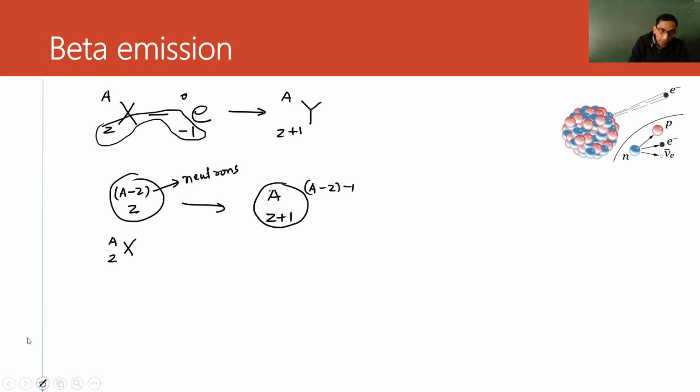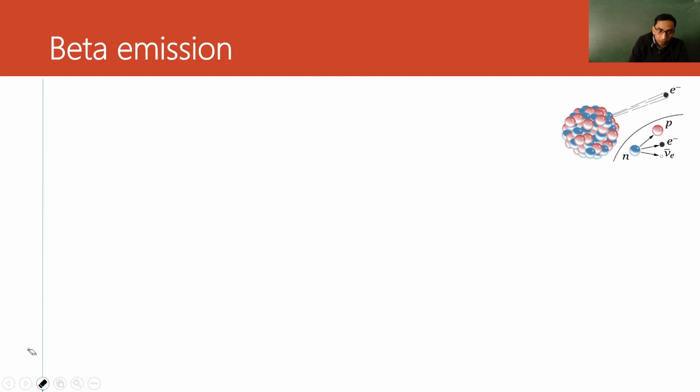Suppose I want to give you the example of uranium, with atomic number 92 and mass number 235. If it releases a beta particle, then I should write this as 92 plus 1, so 93, and 235 minus 0, so 235.